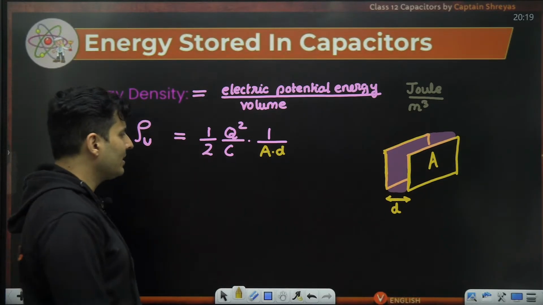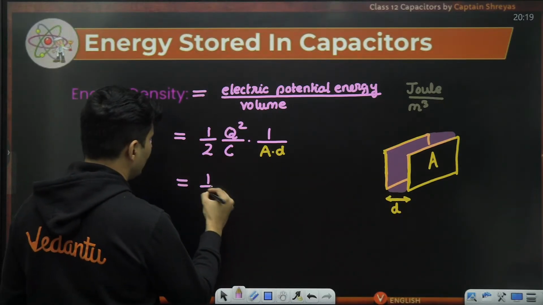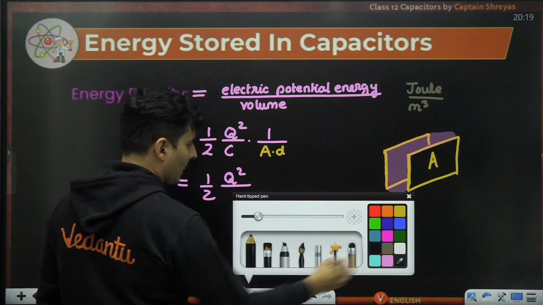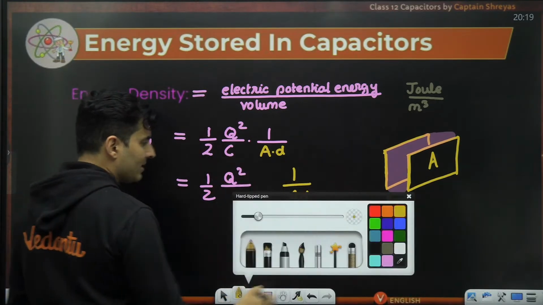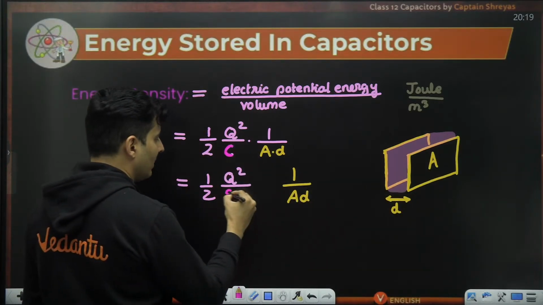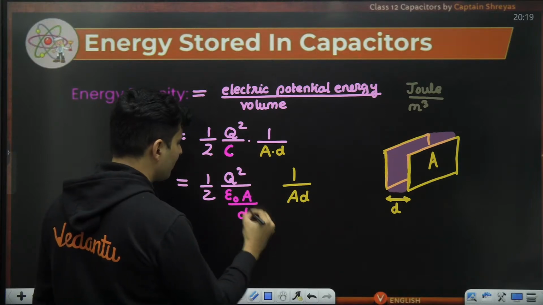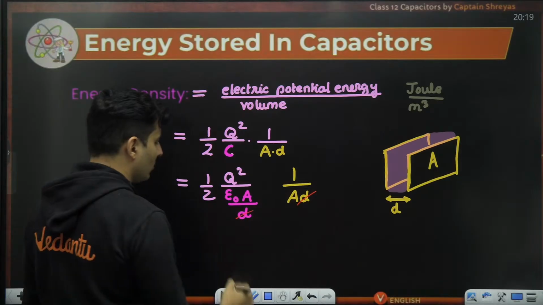But the capacitance formula, I already know it, so I can definitely substitute it. So half Q square, and I will also put 1 by AD over here. What is the formula for capacitance? It is nothing but epsilon naught A divided by D. Best part, D and D just got cancelled.